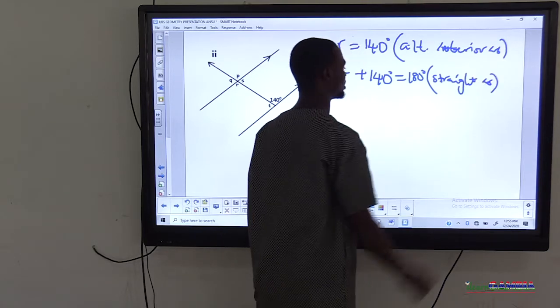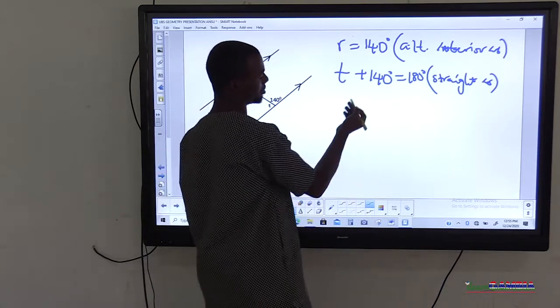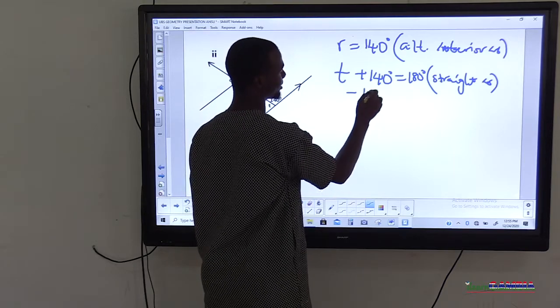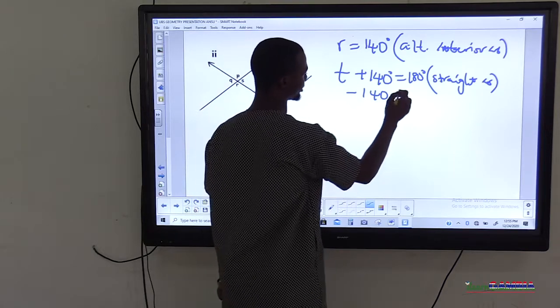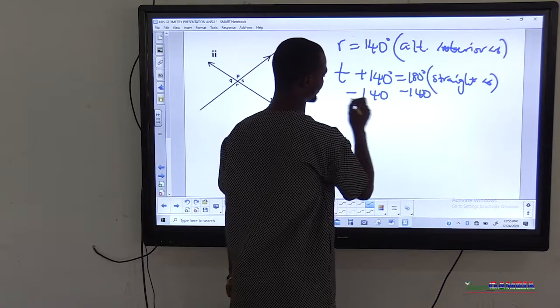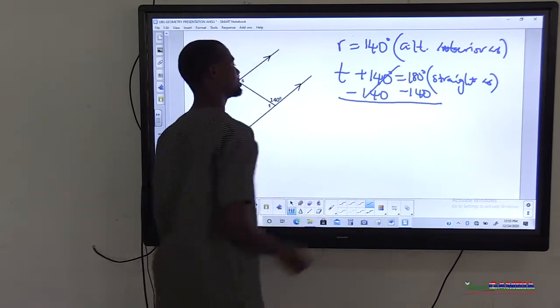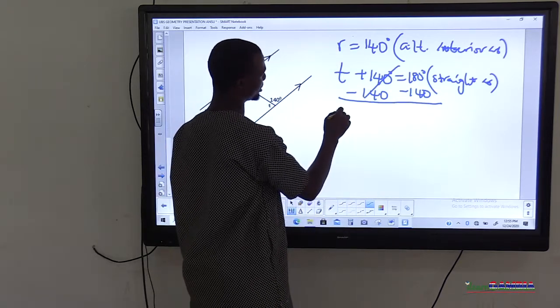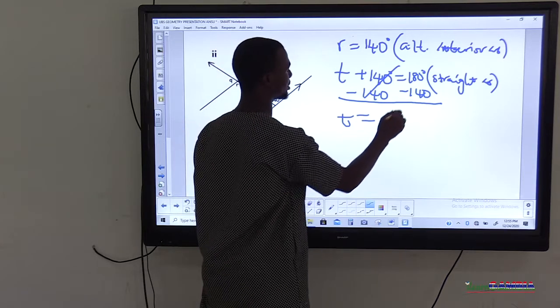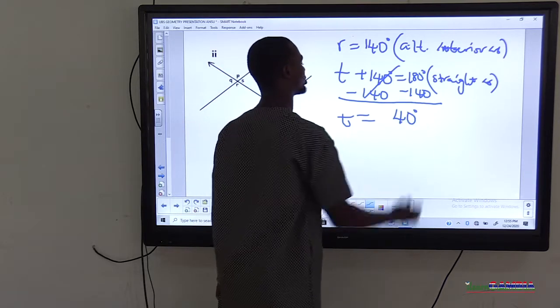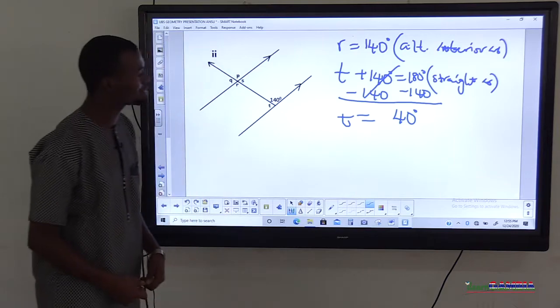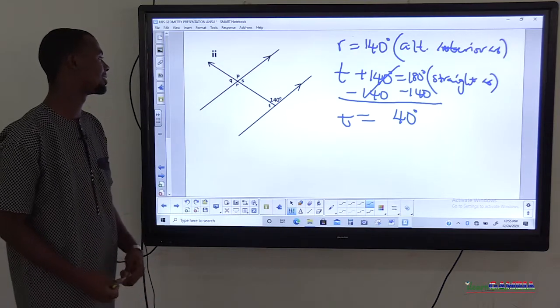So we undo 140 from both sides, minus 140, minus 140. This is 0, plus 140 minus 140, that's 0. So T is equal to 40 degrees.